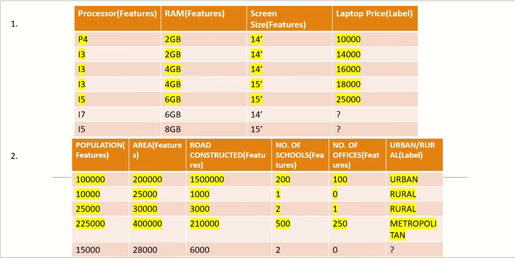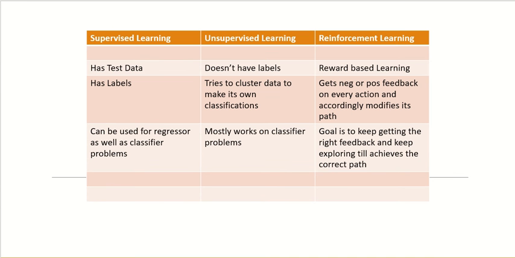The goal of the machine in reinforcement learning is to find the right plan of action. Again, it doesn't have test data either. It'll interact with the environment and learn during that interaction. So it'll perform some random action, and it'll look for the feedback.